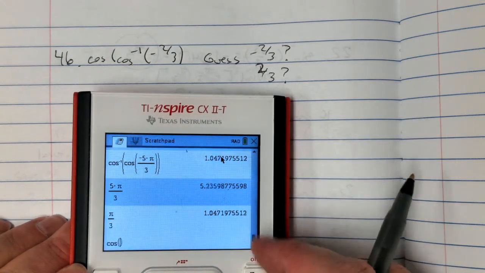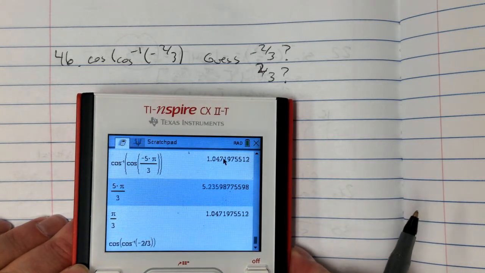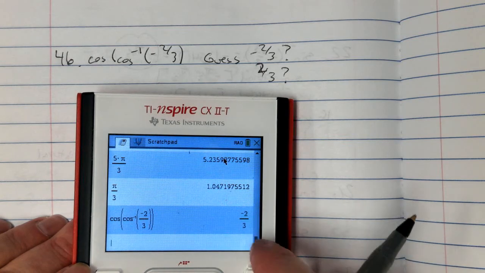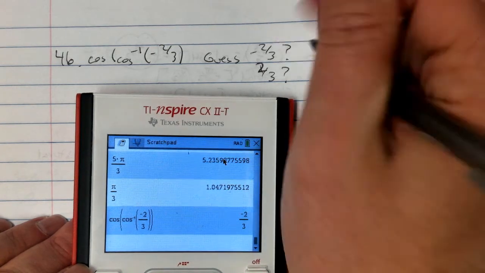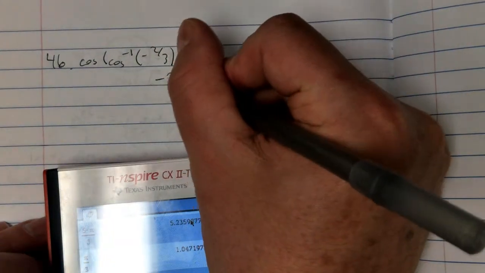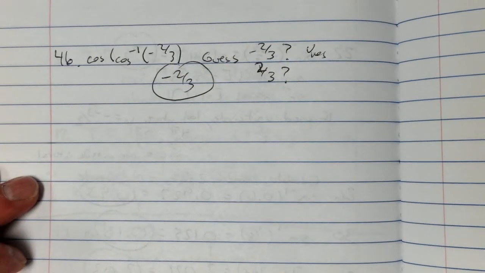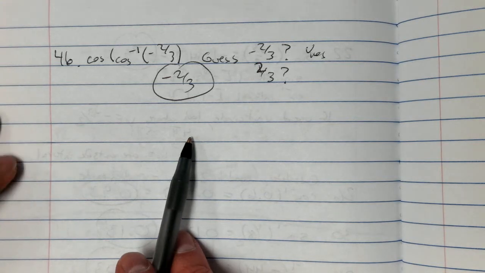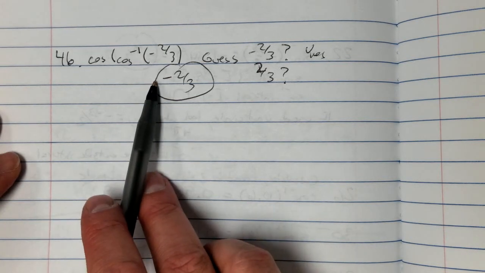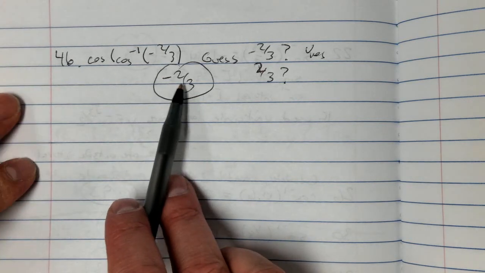Cosine -1, -2/3. Okay, it actually gives me -2/3, and so that was right. So that does fall in our interval that we want. In this case, it was the interval -1 to 1. So -2/3 is in that interval.